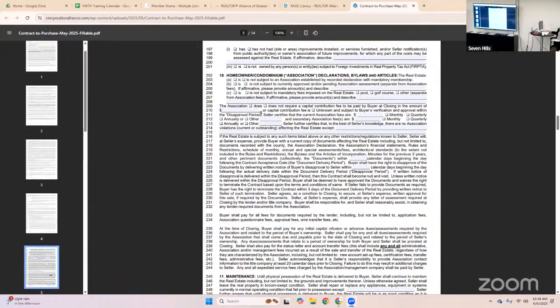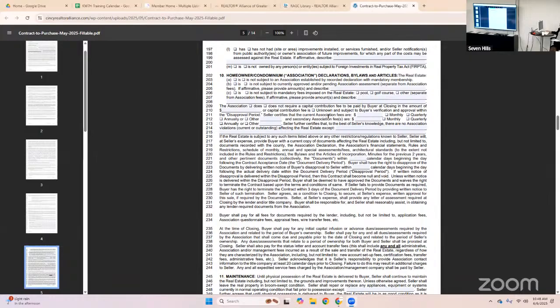I don't think it still is, because I just did one. And I don't think that's listed in Kentucky either, Jeff. It's not. So the capital contribution could be usually $500 to $1,000, sometimes more, but typically 500 to 1,000. But you need to check on that to make sure what that is if they do have to pay a capital contribution, and that's usually paid by the buyer.